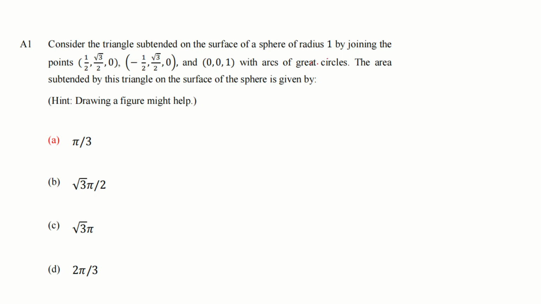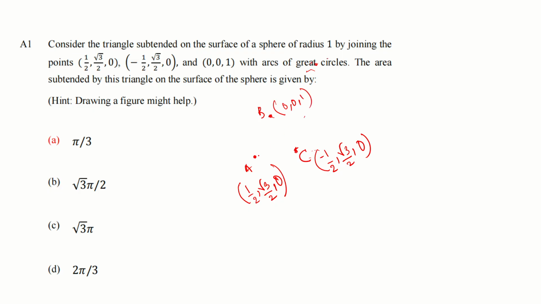So what is it saying? It is saying that we have 3 points, let's say A, B, C, where A is (1/2, √3/2, 0), B is (-1/2, √3/2, 0), and C is (0, 0, 1).